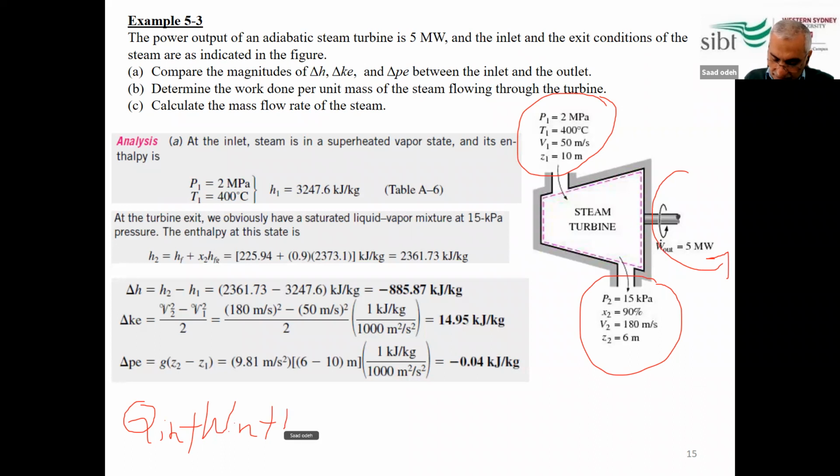Because it's an open system, we can say m dot open brackets h of the inlet fluid plus the kinetic energy, V1 squared divided by 2, plus potential energy, gZ1.